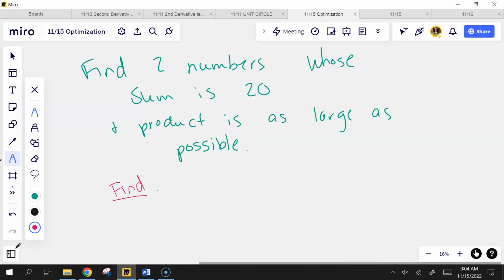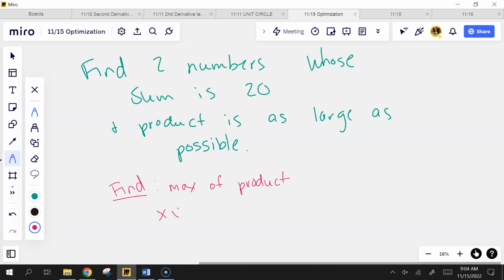The question is a product as large as possible. So what I'm trying to find is a max of the product of two random numbers, right? So I'm going to use two different variables because they're two different numbers. Do you agree with that?